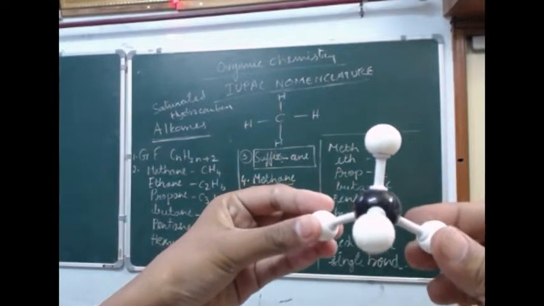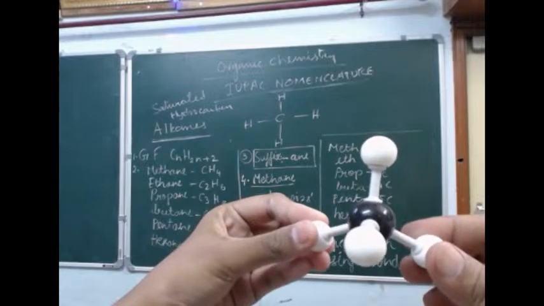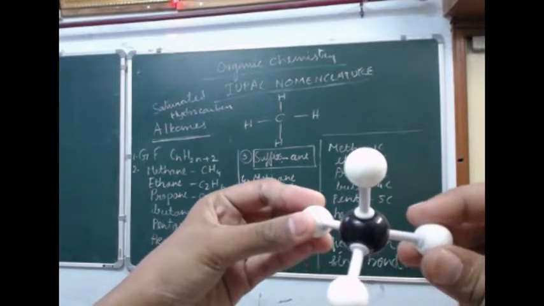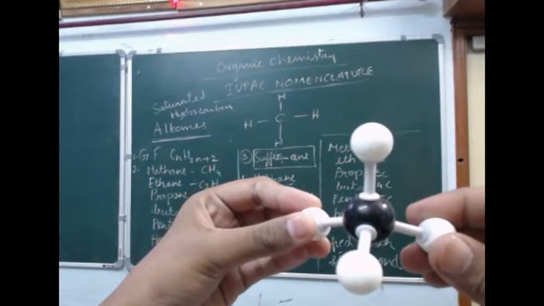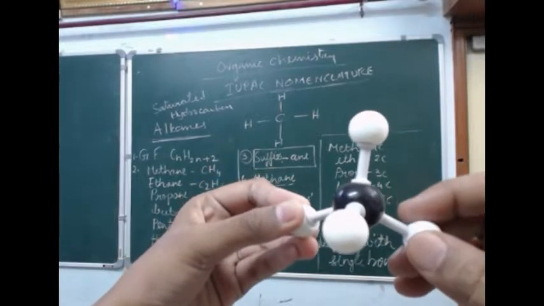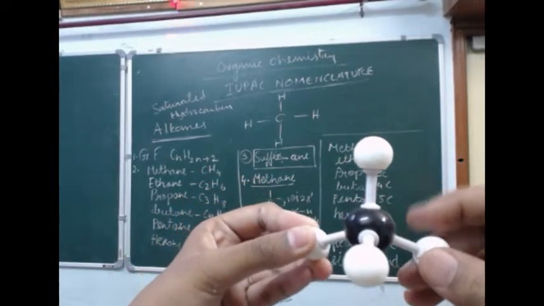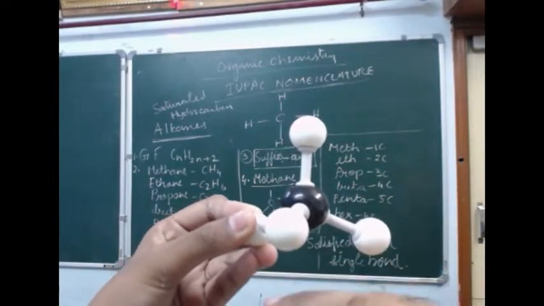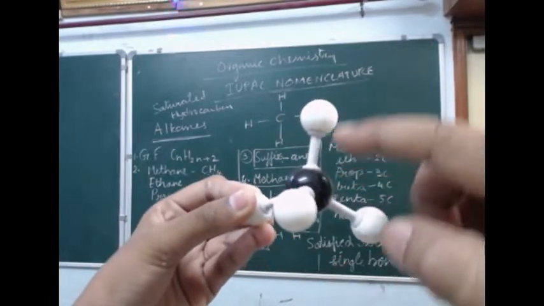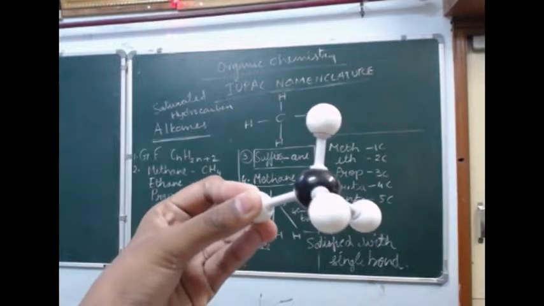See that? Okay. Now when you look at it like this, it is something like a camera tripod, no? So at the center you have got the carbon, and here hydrogen, another hydrogen. These are the three stands, tripod, and above that you have got one more hydrogen.